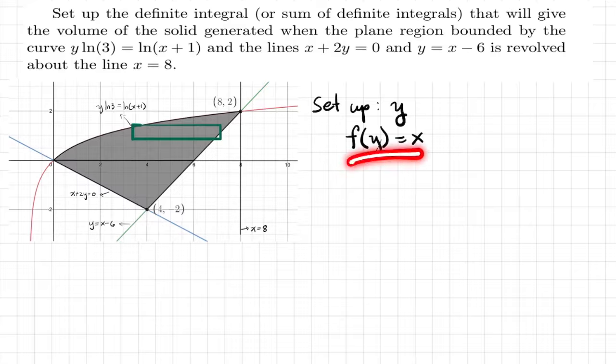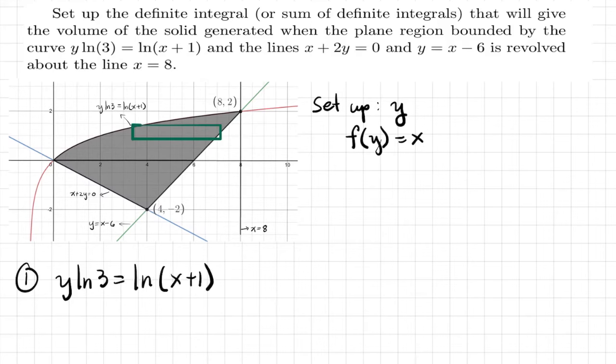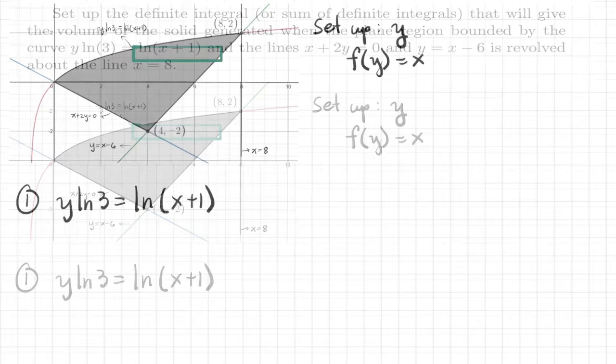So ito yung gusto natin. Okay? So, ano ba yung tatlong equations natin dito? So, the first curve is y ln 3 equals ln x plus 1. So, dapat masulat natin siya sa ganitong form. So, I need to solve x in terms of y. So, how do we solve that?